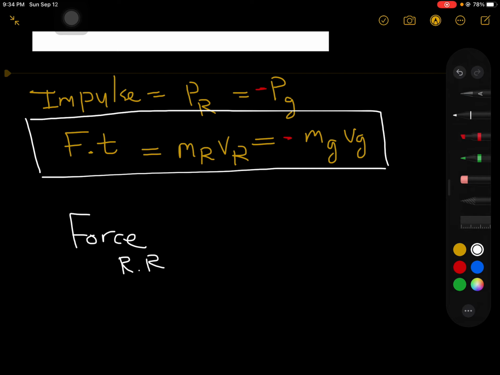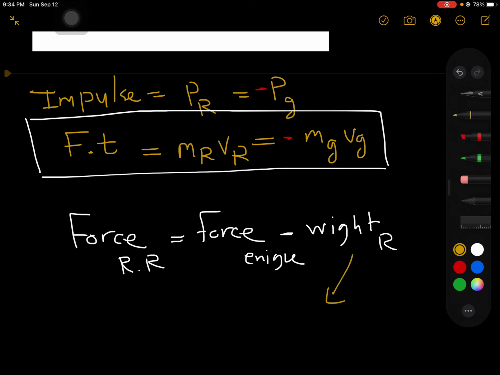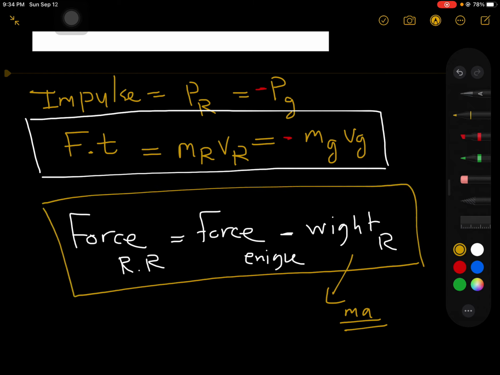Maybe we say F_R, for example, equals the force of the engine minus the weight of the rocket, which, as you know, equals mass times the acceleration of gravity. Sometimes you are going to use this relation to find the force of raising the rocket.